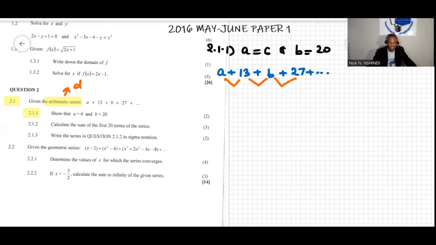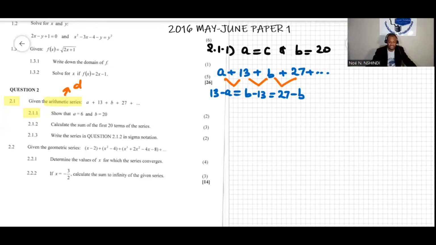So we can say 13 minus A equal to B minus 13, and that's equal to 27 minus B. So the first difference is constant, so it's common.